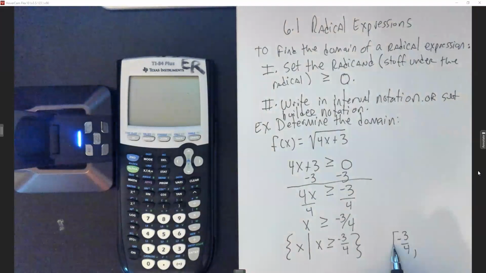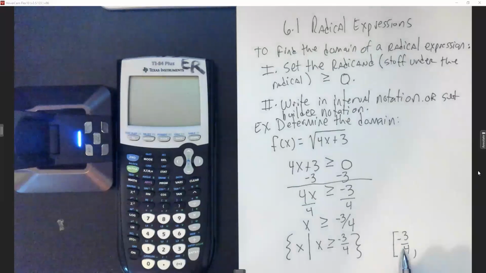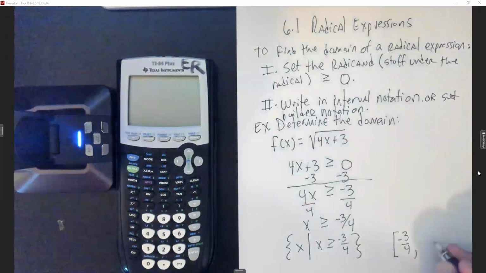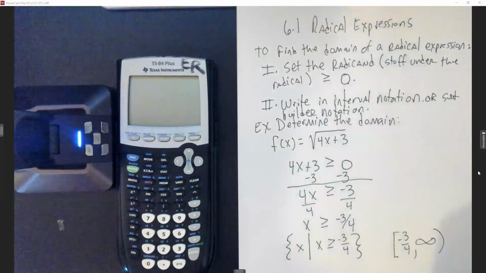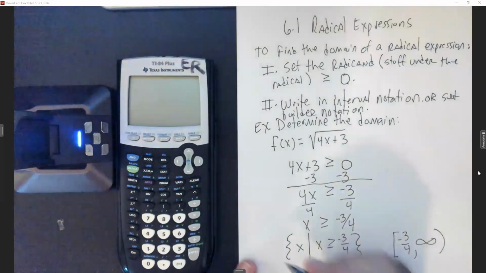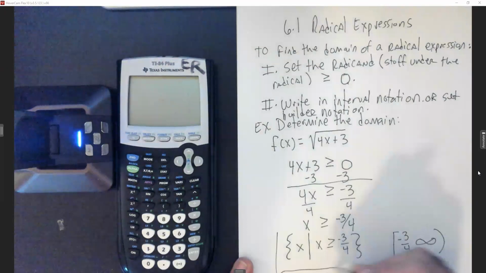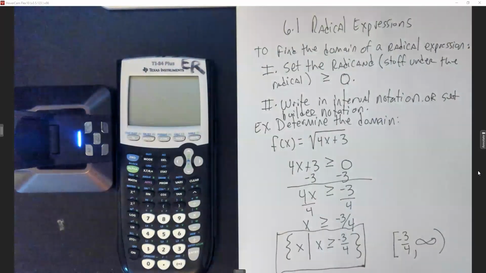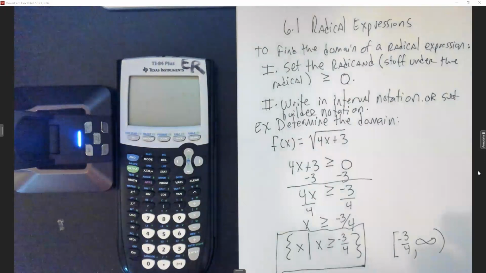The fractions get curvy parentheses. Now, greater than, if negative 3/4 is the smallest number, it heads towards the right as far as it can go. It's headed towards infinity. Now, the way they do them on the homework is set builder. I always like to do these so that y'all can keep them to where you can do them also, okay?